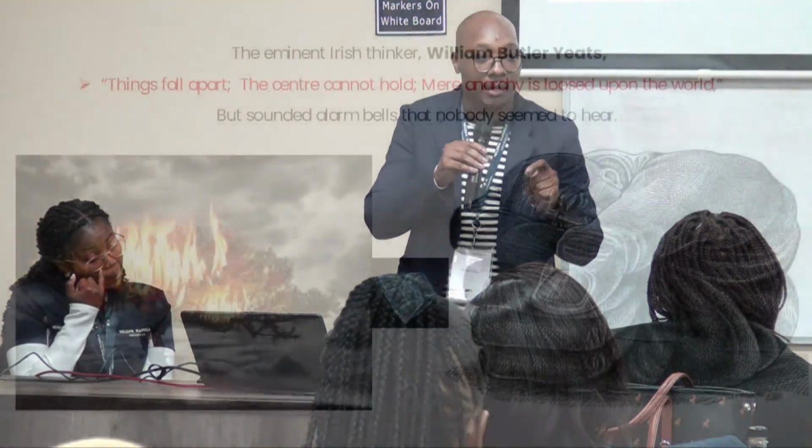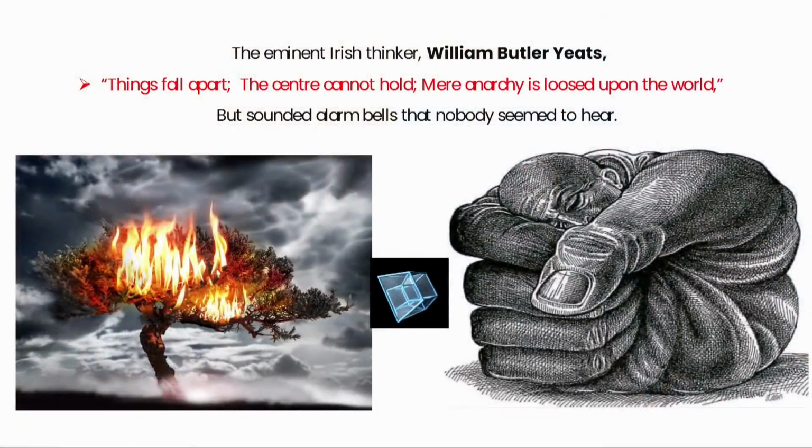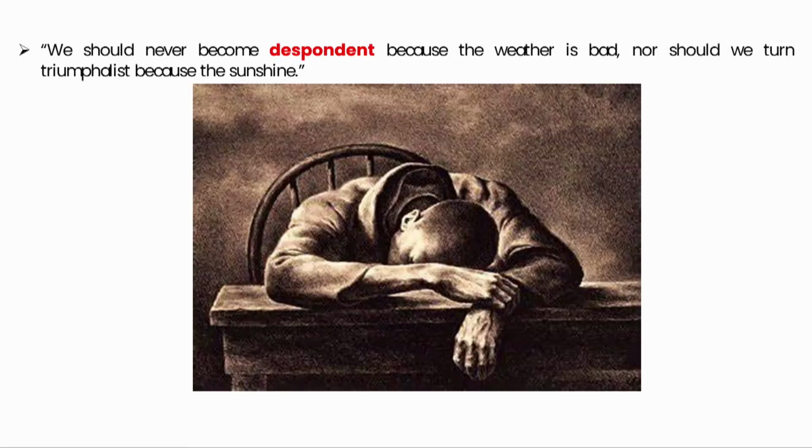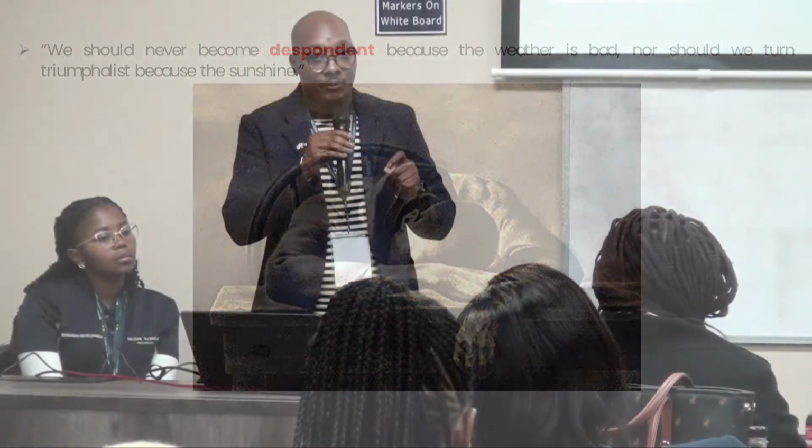Then it takes us to the Irish thinker who said the center cannot hold, and no one can hear the alarming bell. So meaning we are losing hope for the world. But we should not turn despondent because the weather is bad, or when the sun shines, become triumphalists.